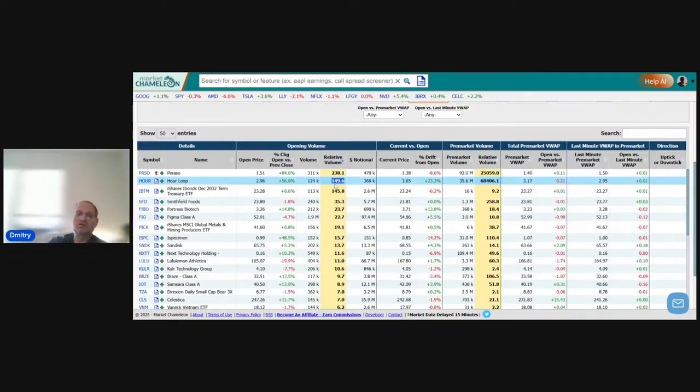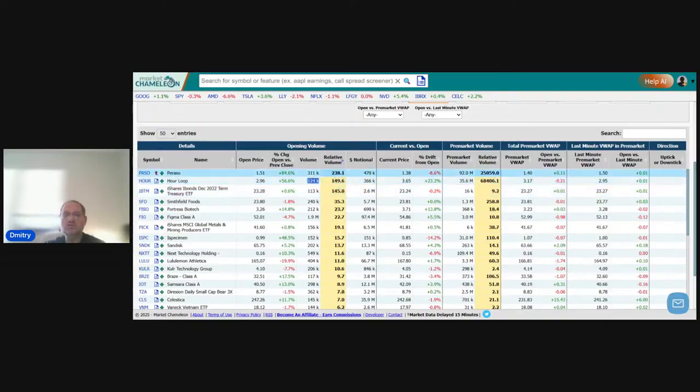So usually this doesn't trade that much. This is giving us a relative open, right? On an average day, maybe there are 1,000 shares, or 500 shares, or 800 shares at the open.